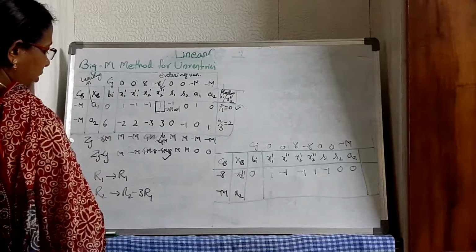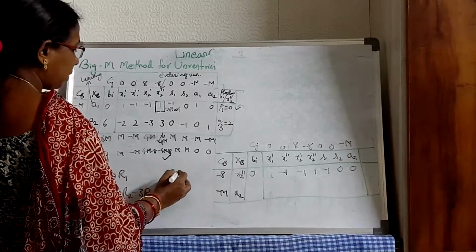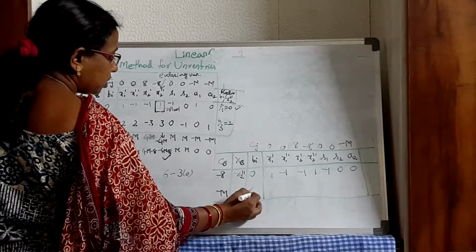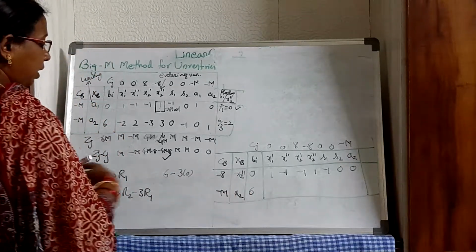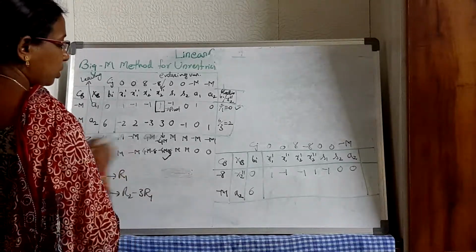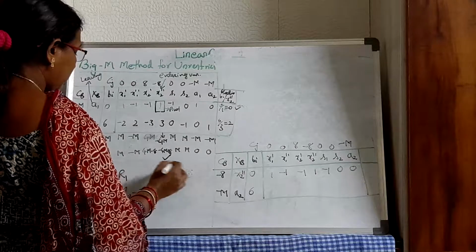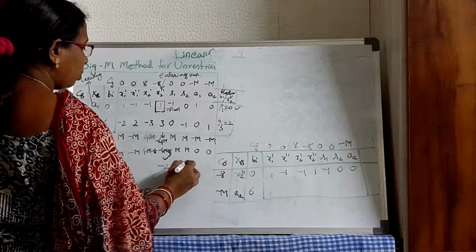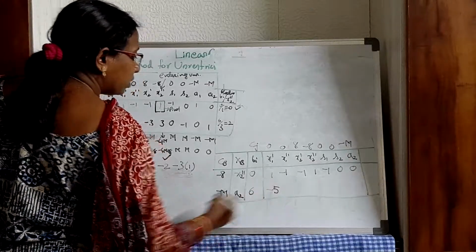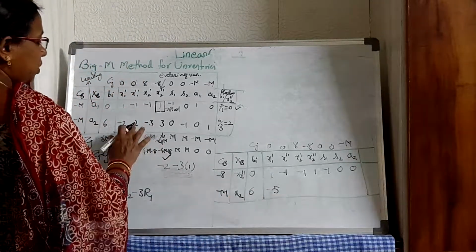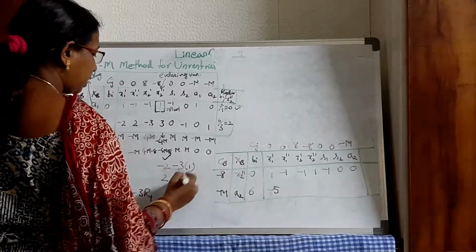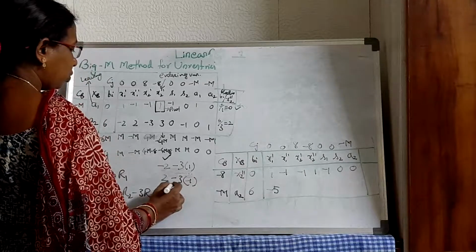What is R2 here? R2 is 6. 6 minus 3 into R1's 0, so this is 6. Next, the second element, minus 2 minus 3 into 1, so minus 2 minus 3 will be minus 5. Next, this is 2. 2 minus 3 into minus 1, so this will be 2 plus 3.